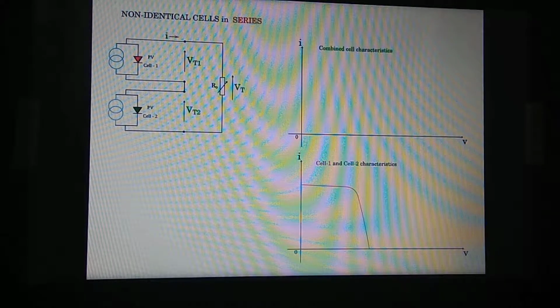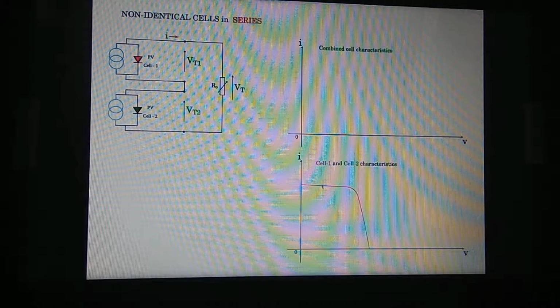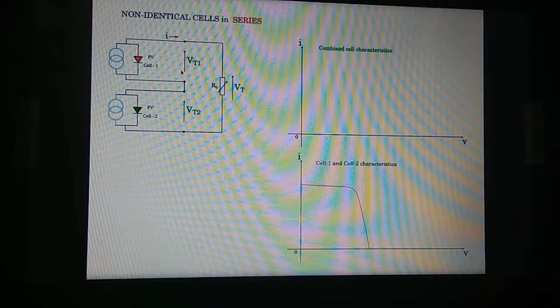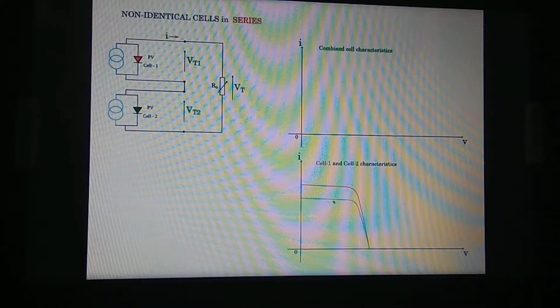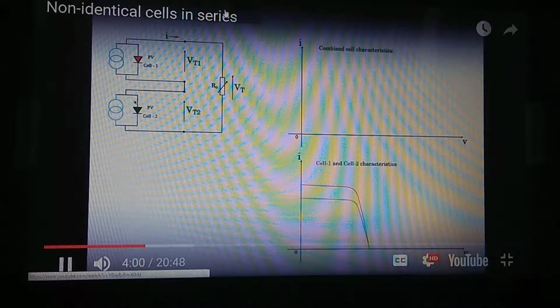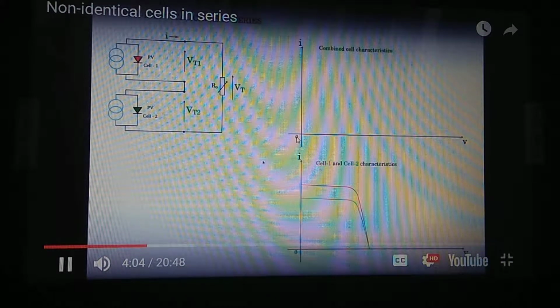Now, let us have these IV characteristics. The IV characteristic shown in red is that of the PV cell 1, which is also shown in red here, and the voltage being measured there is shown by a red arrow. The second IV characteristic, shown in green, represents that of PV cell 2, and is also shown in green here.